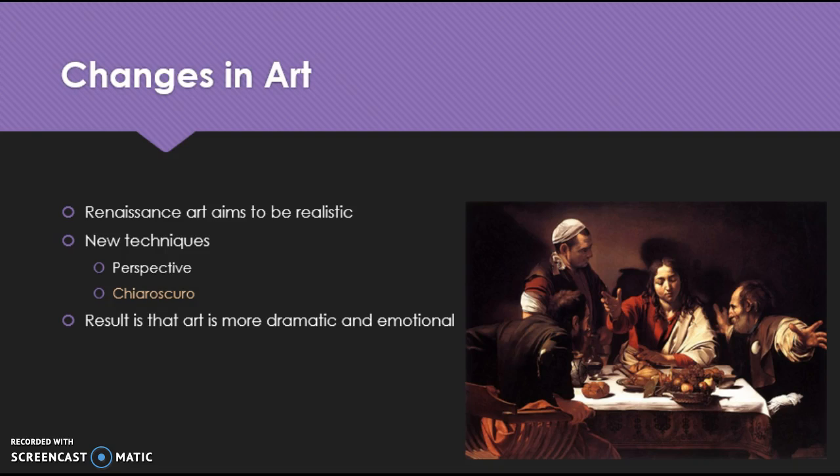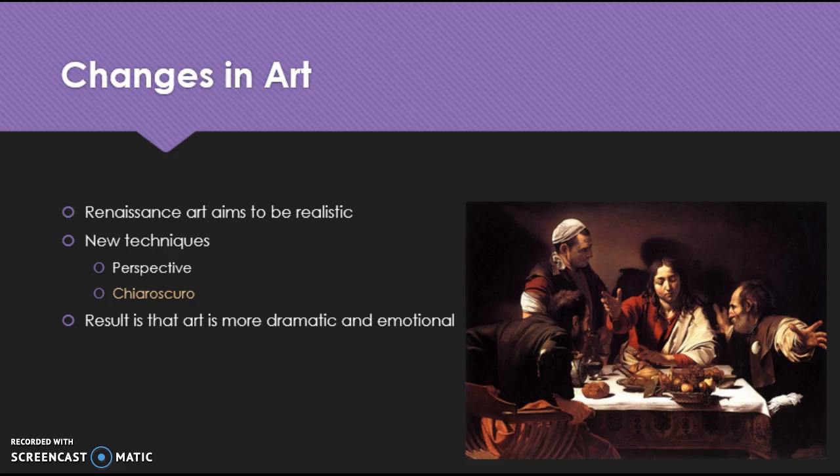Renaissance painters also used new techniques. The most important was perspective. I know you had talked about doing perspective with Miss Bex in art before, so you know a little bit about that already. Perspective is a method that makes a drawing or painting look three-dimensional.